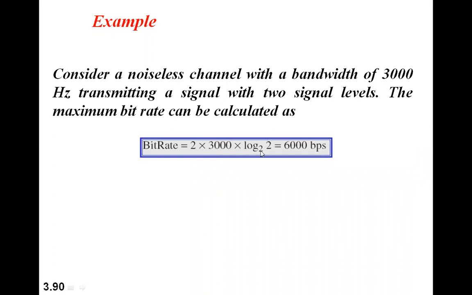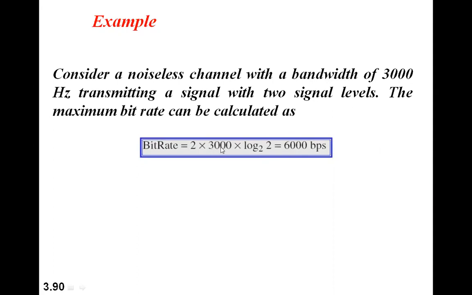I think all of you are familiar with this one. The log of number of levels with base 2 gives the number of bits required to represent each level, which is multiplied by 2 times the bandwidth.